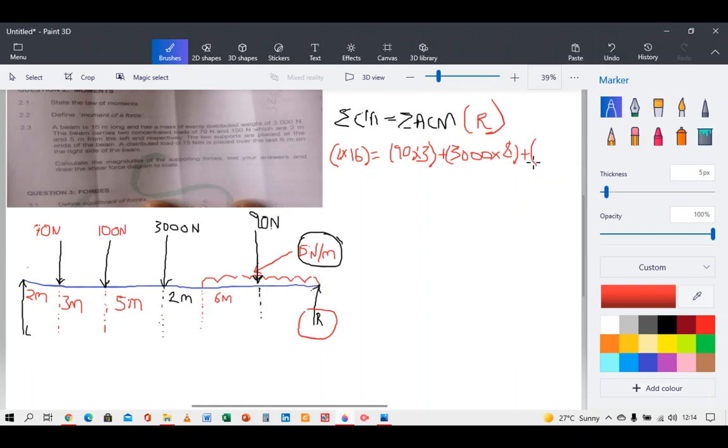We say plus, open bracket, the second one, which is this one, 100, multiplied by the distance from this one, which is 8 from here plus 5.